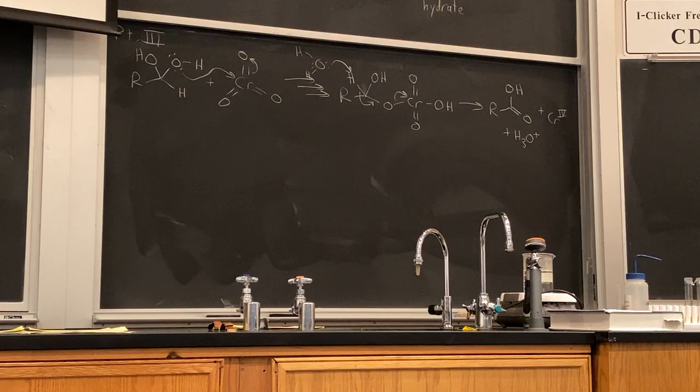Okay, so I have a question for you then. Based on what we've talked about so far, you should be able to tell me why the use of PCC as an oxidant stops at the aldehyde, stops at part 1 of the reaction, and does not proceed further to give the carboxylic acid.